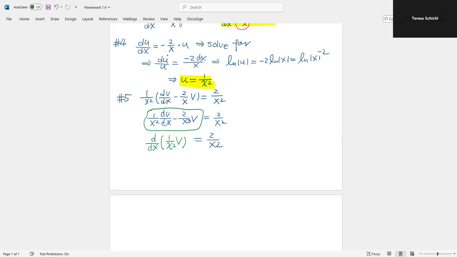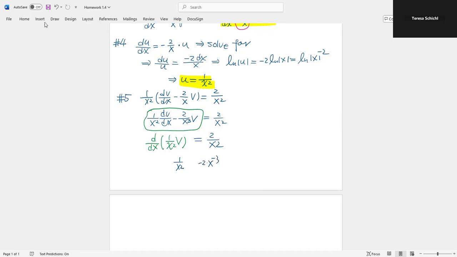So now this one here is equal to 2 over x squared. If you want to check whether you did it right, you say, okay, product rule, right? Hold the 1 over x squared, take the derivative of v, so it's dv/dx, then plus, holding the v, take the derivative of 1 over x squared, which is negative 2 times x to the negative 3.